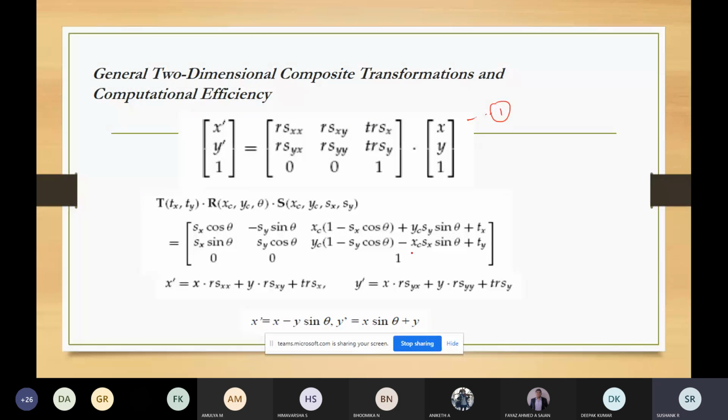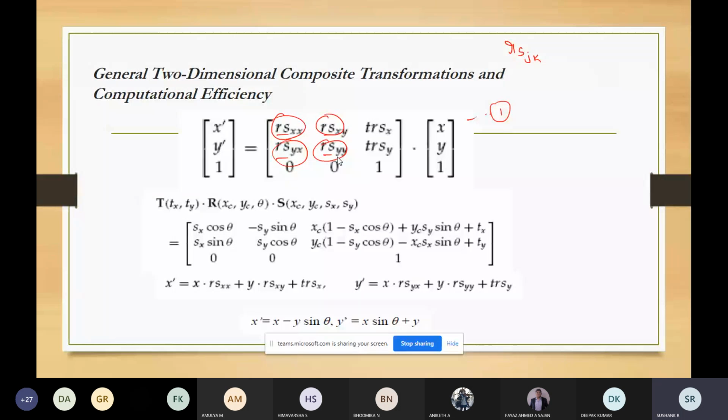Here we have four elements: rs, rs, rs, rs. The first four elements are rs with subscript jk, where j can be x and k can be y, or a combination. So the two-dimensional transformation matrix, which consists of any combination of translation, rotation, and scaling, is expressed in this form, represented by equation 1.